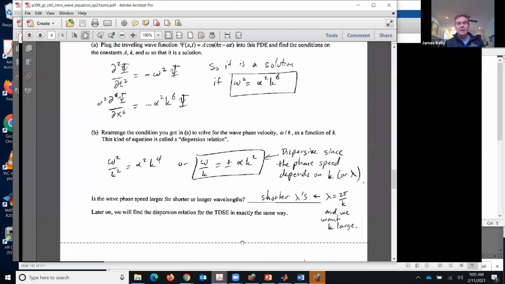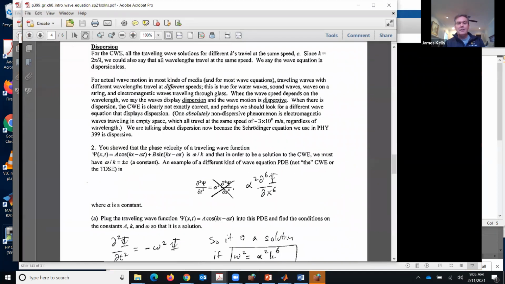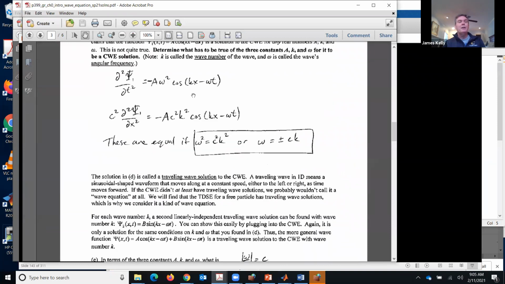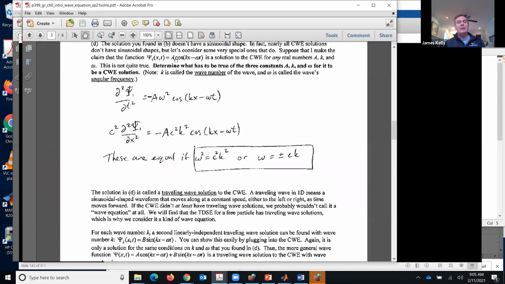If I go back to our worksheet that we worked on before, we found out when we substituted that cosine function into the classical wave equation, here's the left-hand side, here's the right-hand side, they're not going to be equal unless omega squared equals c squared k squared. That is the relationship between omega and k, and that is our dispersion relation in disguise.